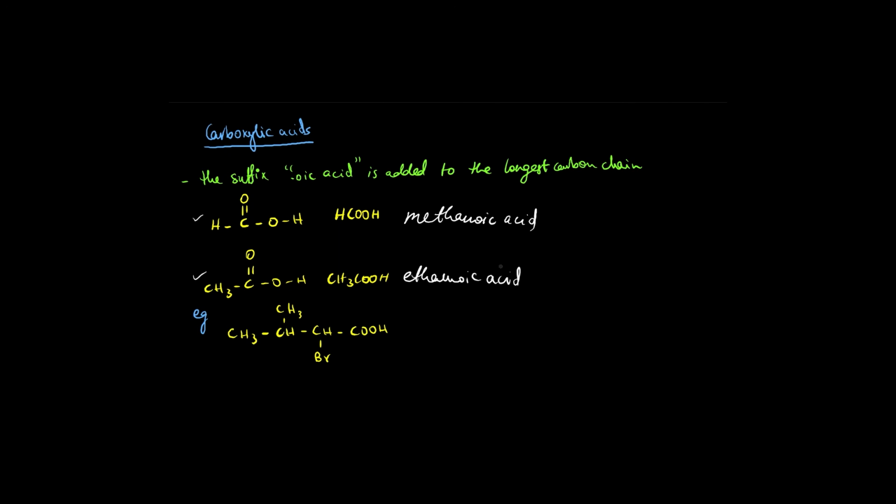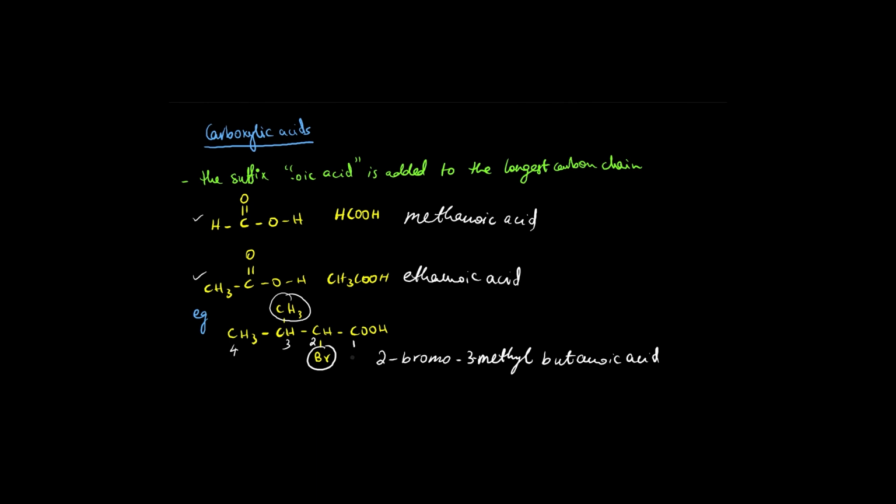Now let's look at this random carboxylic acid that I have given in an example, right? This must have the smallest number, so let's number according to that. We have a bromine substituent, we have a methyl substituent, so now let's name it 2-bromo-3-methylbutanoic acid.